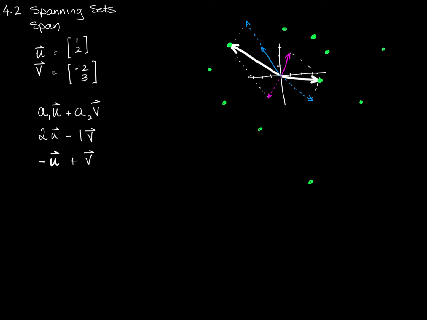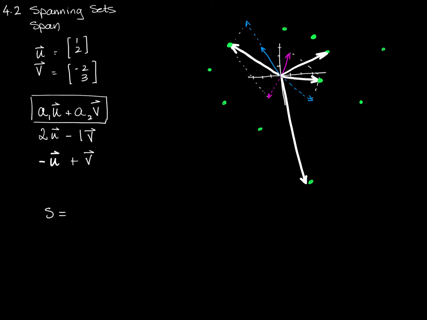These points are shorthand, right? These are the endpoints of vectors. But my point is that if I did this long enough, I would have vectors that reached out to every point on the R2 plane. So I have the entire R2 plane. What we say about the collection of all possible linear combinations of u and v, let's call this a set.